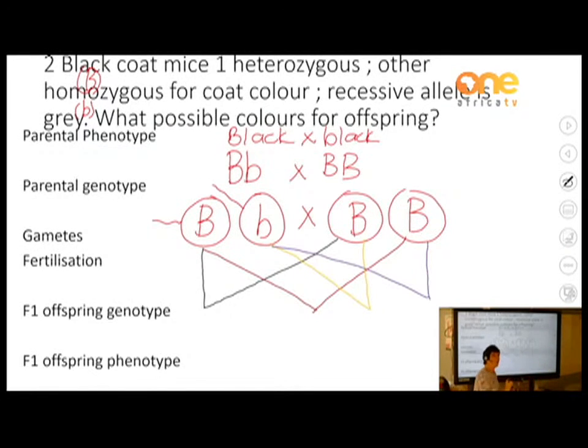These are all the possibilities. Each time there is intercourse, this is the possibility that can take place.